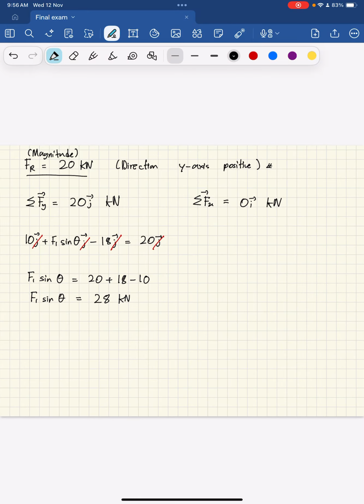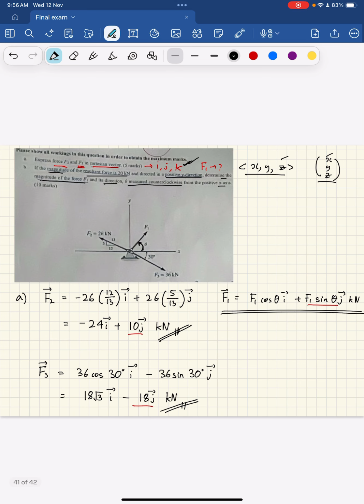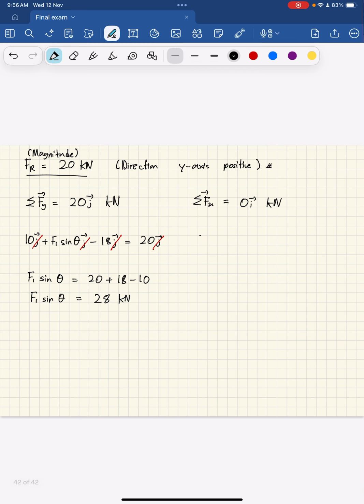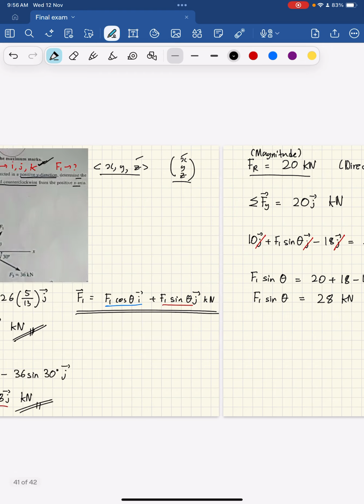Now we're going to solve for the fx. So we take the x component I'm highlighting in blue. So here, here, and here. Negative 24i plus f1 cos theta i, and I think it's a plus.